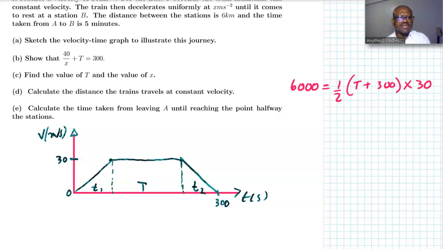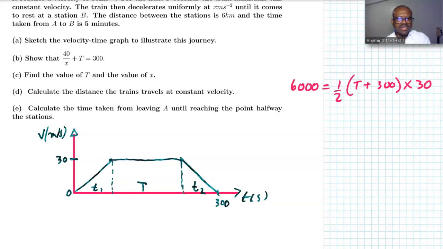Why can we write this? Because with a velocity-time graph, the area under the graph represents the distance covered, and this is a trapezium.